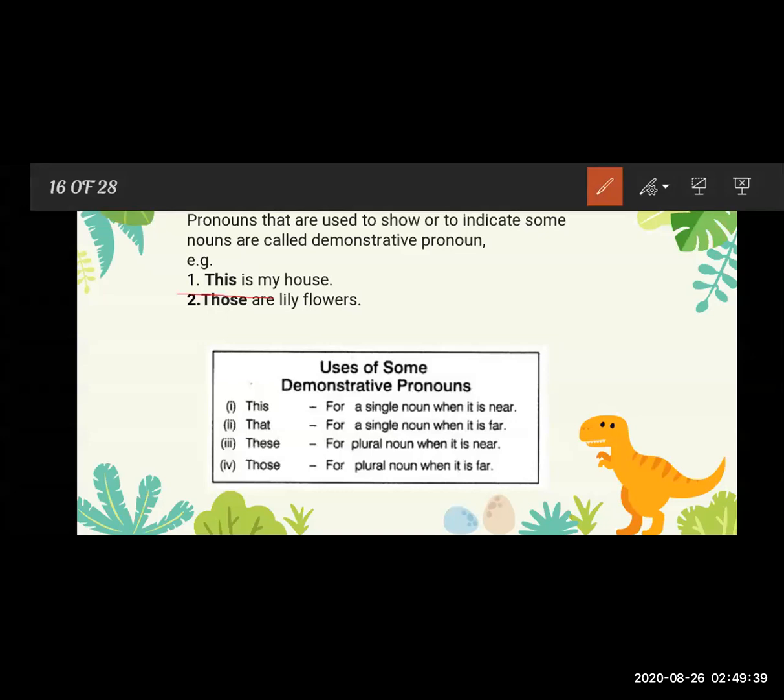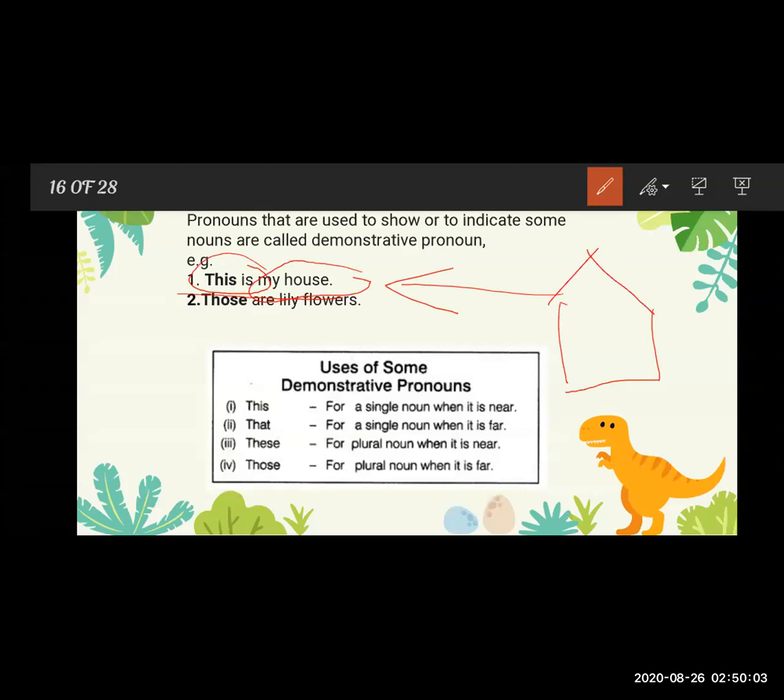First one: this is my house. Here this is indicating the particular house. There is a house and it is telling that this is my house. So here this is showing the specification of the thing.